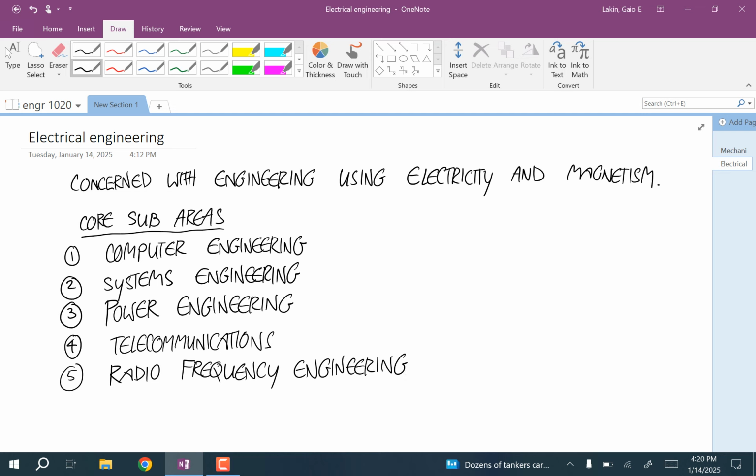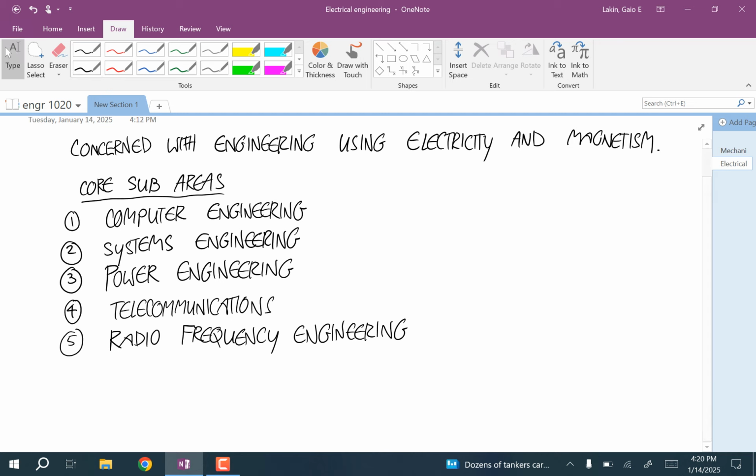I mentioned just a second ago that electricity and magnetism together, when you have an electromagnetic wave, is what radio signals are. And so through electricity and magnetism, you can engineer radio signals.